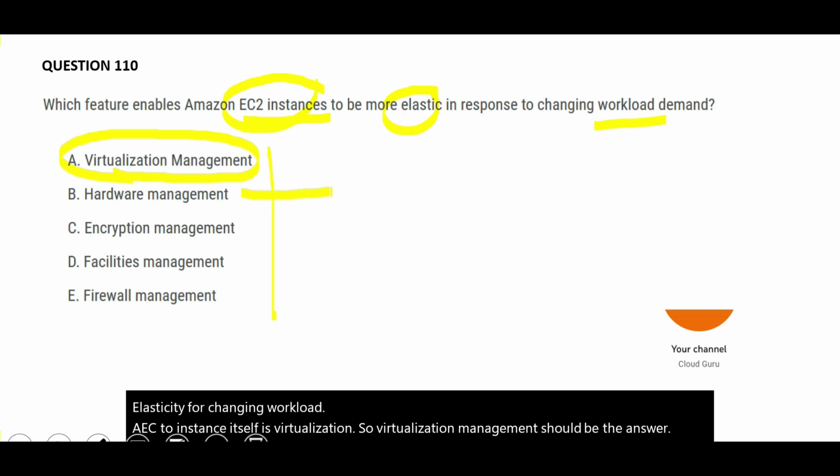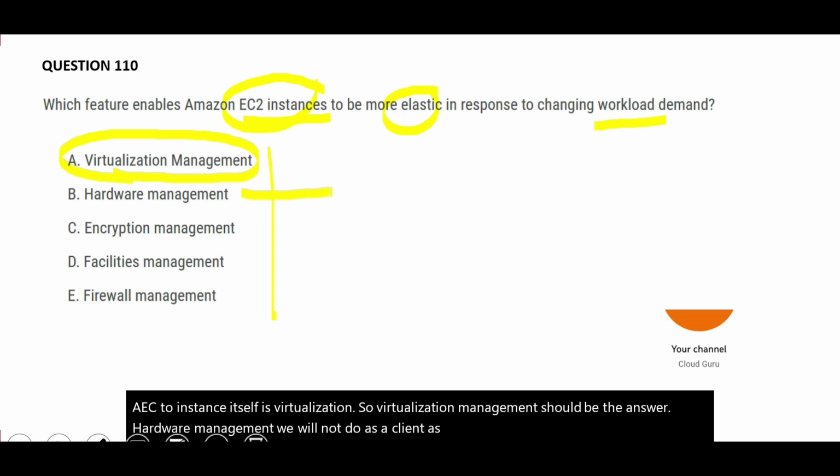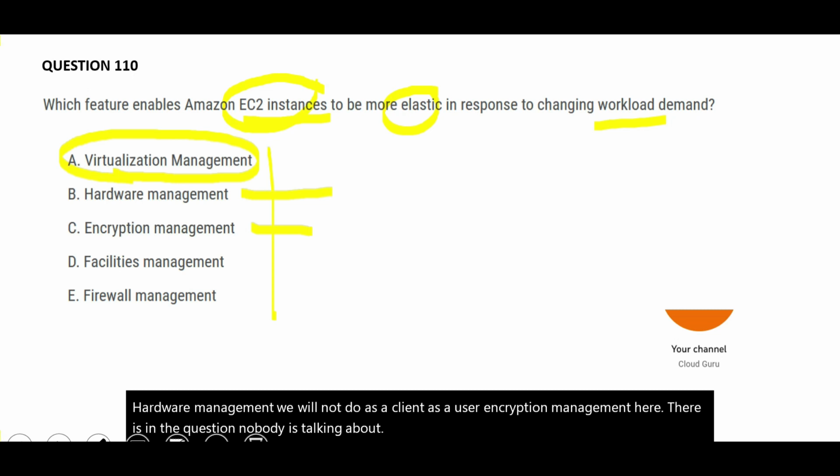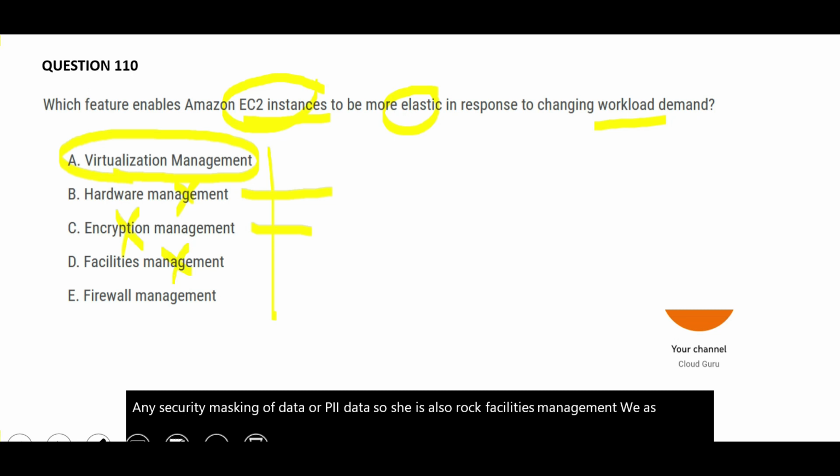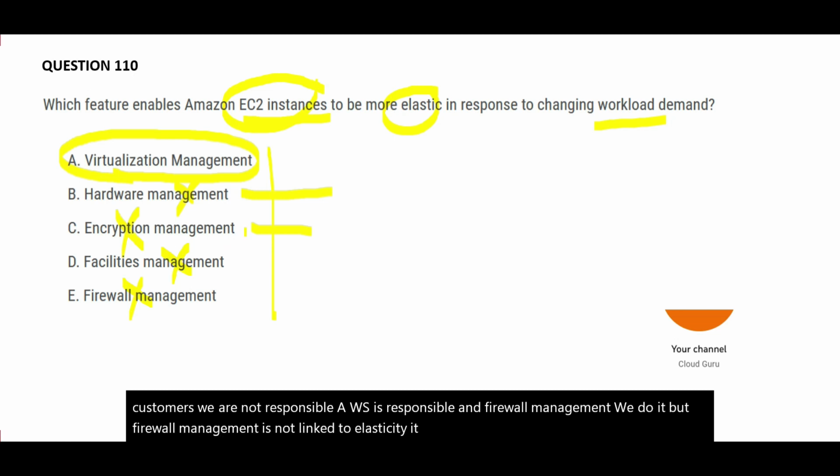Hardware management, we will not do as a client, as a user. Encryption management, in the question, nobody is talking about any security masking of data or PII data. So C is also wrong. Facilities management, we as customers are not responsible. AWS is responsible. And firewall management, we do it, but firewall management is not linked to elasticity. It is linked to security.